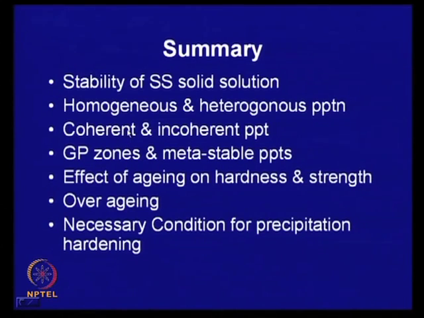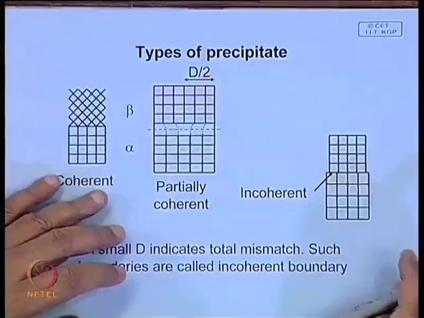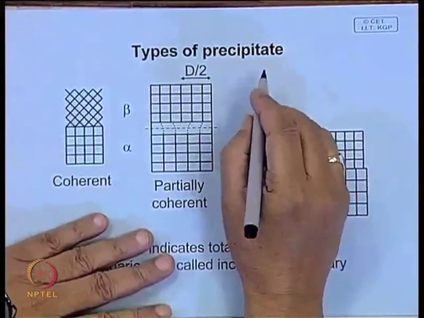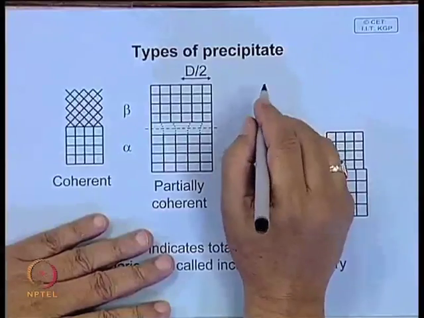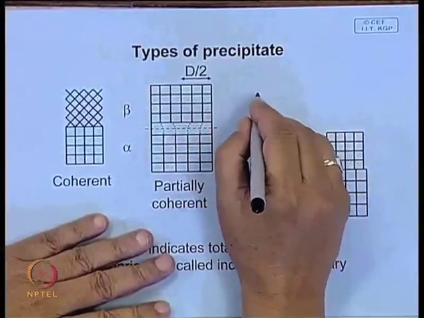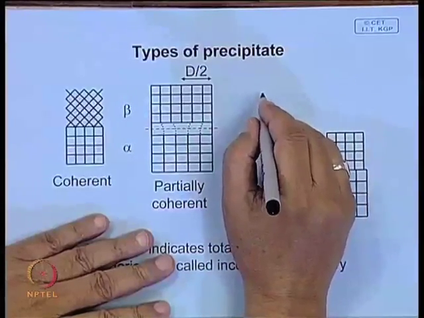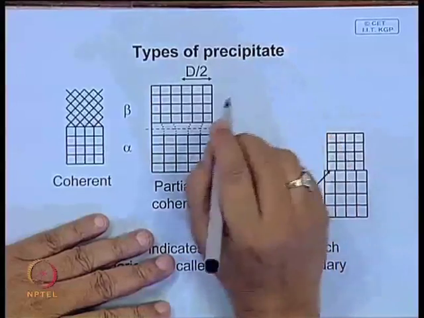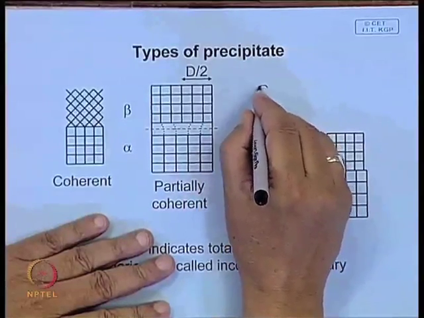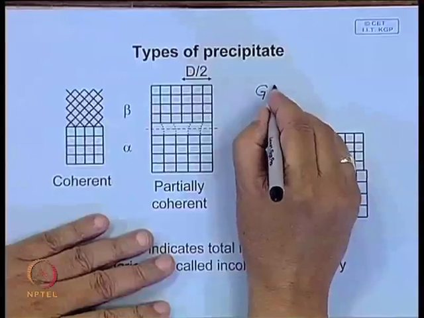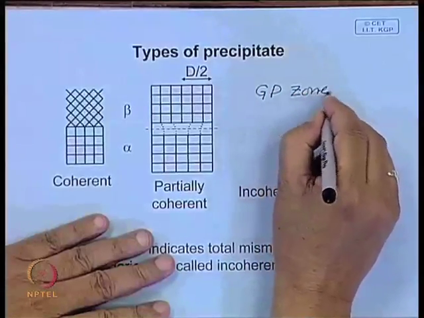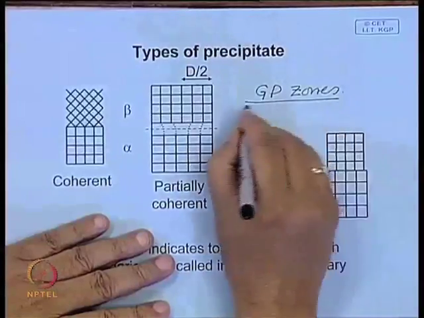In fact, these coherent precipitates were first observed in aluminum copper alloy. They were first shown through X-ray diffraction technique, that there are precipitates and strain fields associated with the precipitates, and this was done by Guinier and Preston, and therefore they are known as G.P. zones.